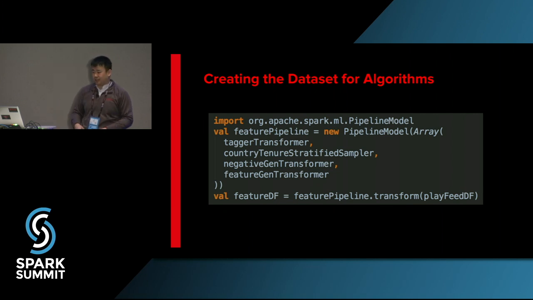It can be a module, a transformer, which can be shared across different teams, and people can try it out. And then we finally do the negative transformer and the feature generation. So you can simply use this simple code to create the features for the supervised problem we have at Netflix. So it's pretty nice.